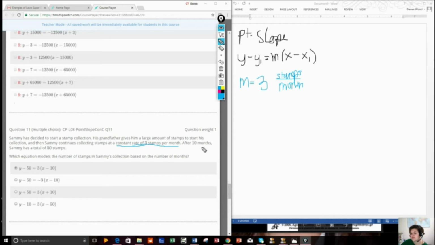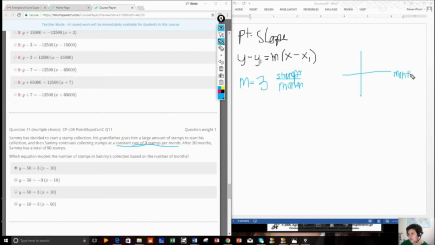We need to figure out which one is going to be our x-coordinate and which our y-coordinate, and the rate gives a big indicator of that. Stamps per month. The month is constant. It is our input. We have 1 month at a time, and so that is our x-axis, our independent variable.